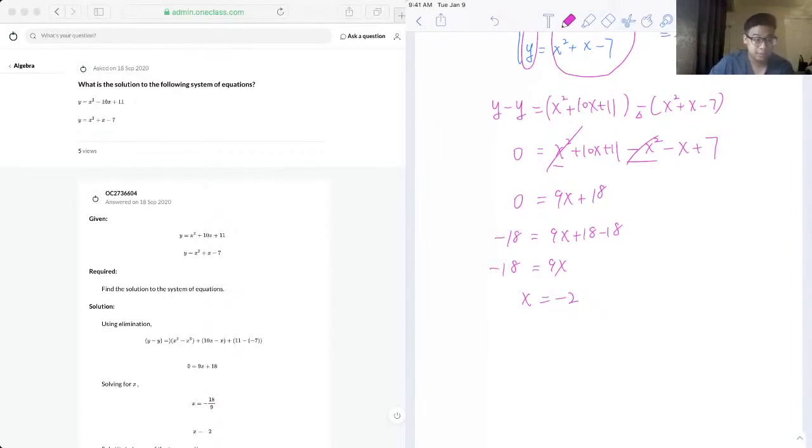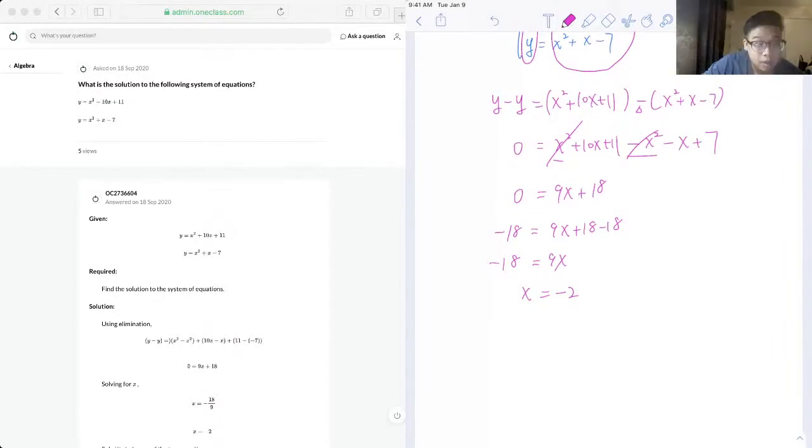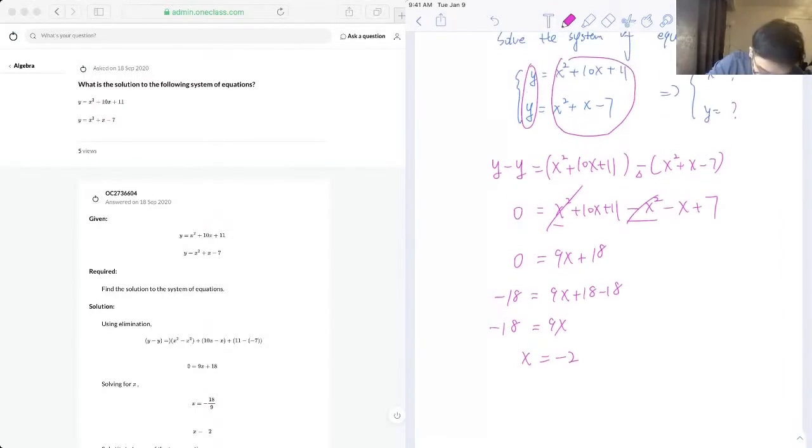We just need to substitute back into either one of the equations to figure out what y is. So let's substitute into the second equation. That's equation 1, equation 2. So we have y is equal to, instead of writing x, we use negative 2 squared plus negative 2 minus 7.